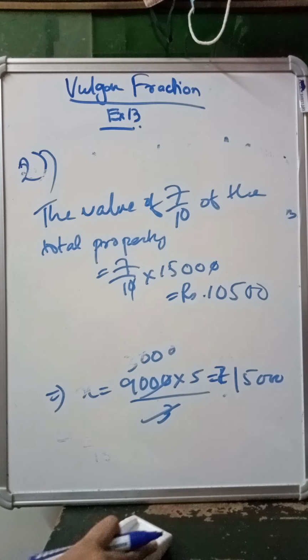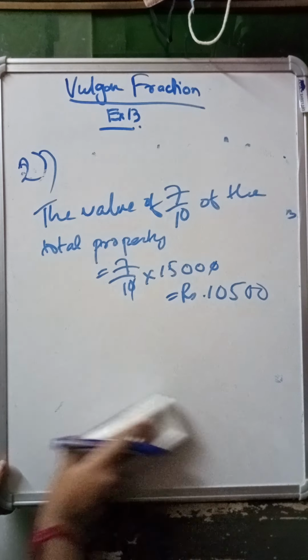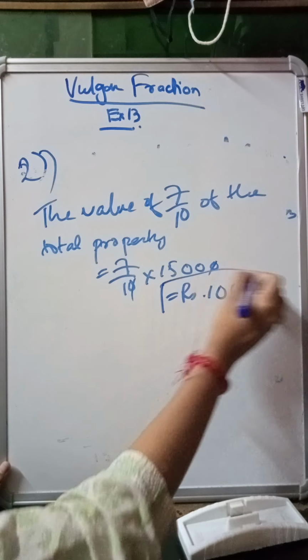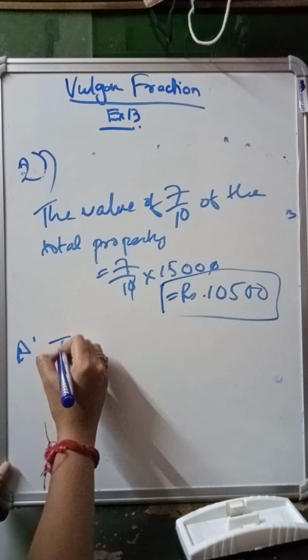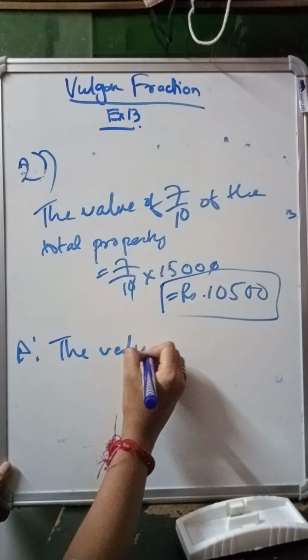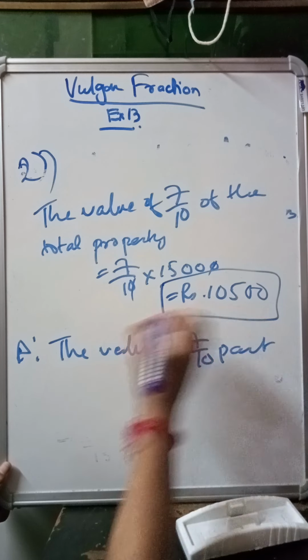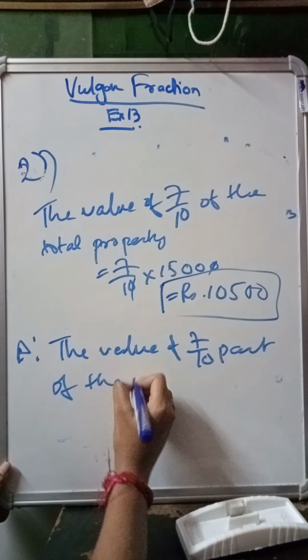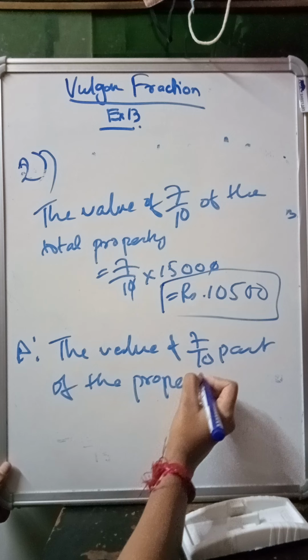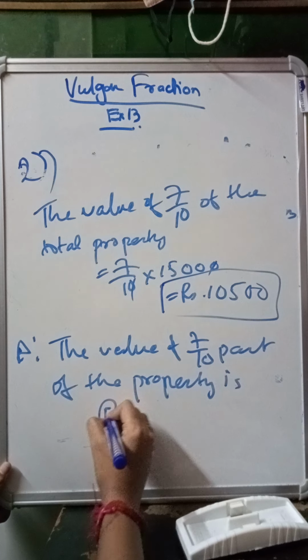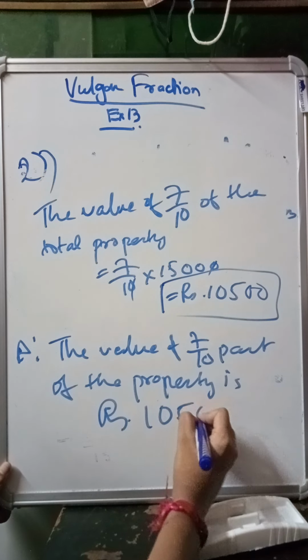Yes, so this is the answer. So the value of 7 by 10th part of the property is rupees 10,500.